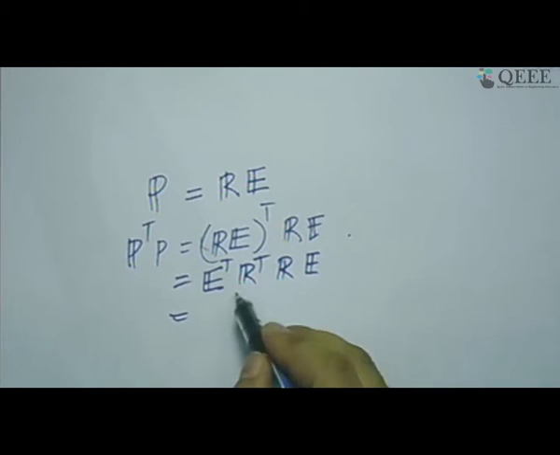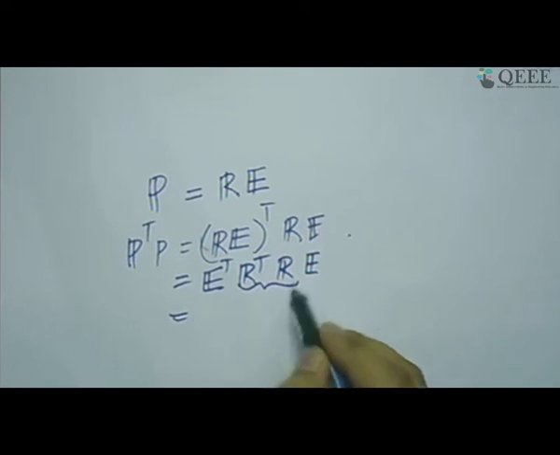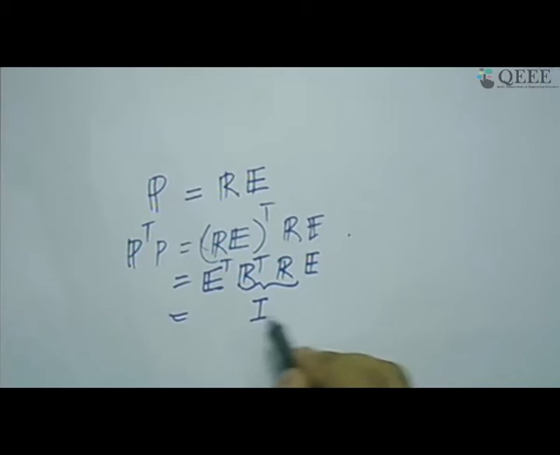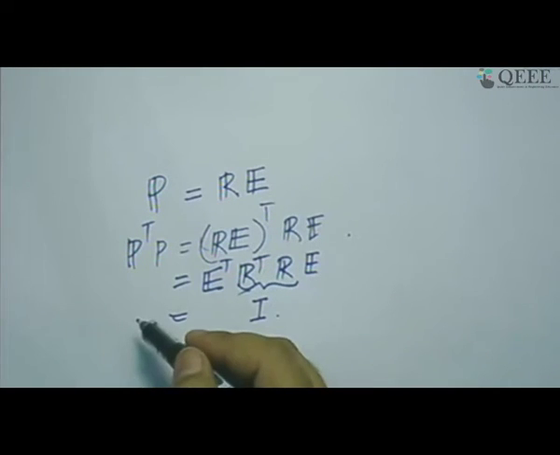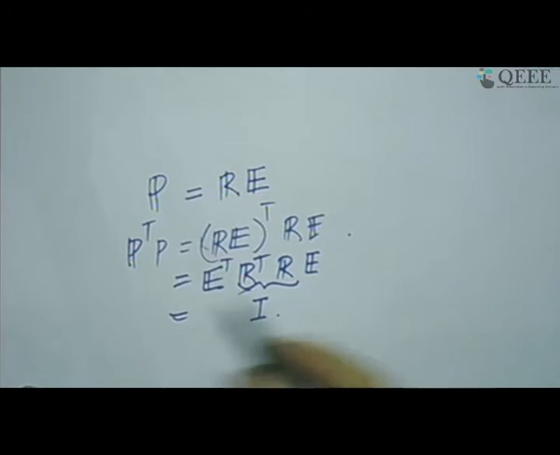Now R transpose R is going to be I, because that is a rotation matrix, and for a rotation matrix the transpose is also the inverse.